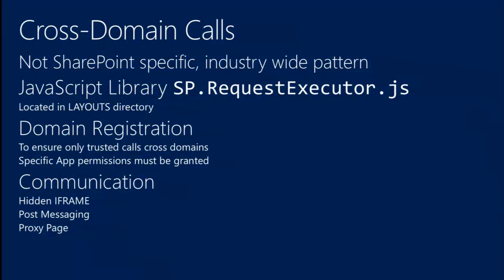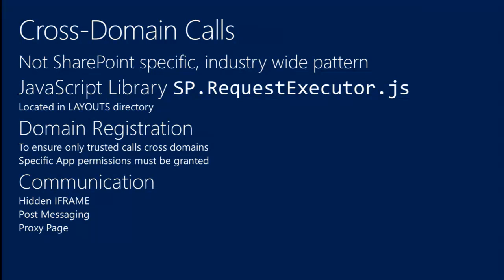So one other thing that we've got is the cross-domain calls. We're not going to go into a whole lot of detail on this, but I just want to make you aware of this. If you're on the JavaScript side and you need to make a cross-domain call, for example, if I've got an application living in Azure or on a server on IIS on-premise, and I want to make a call into SharePoint, we use what's called the SP Request Executor JavaScript library.